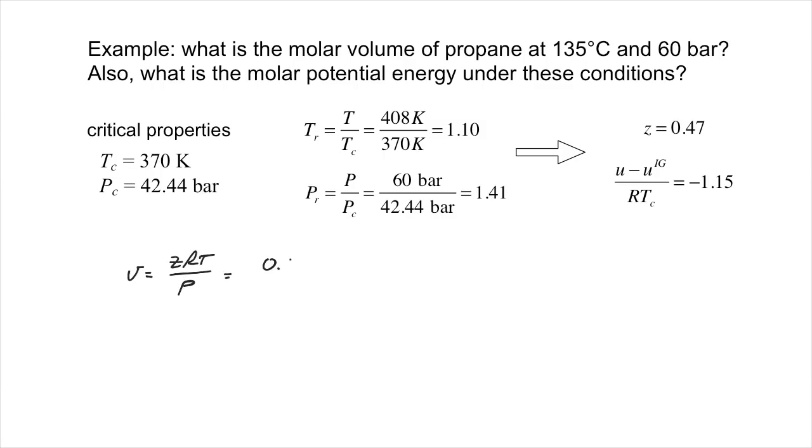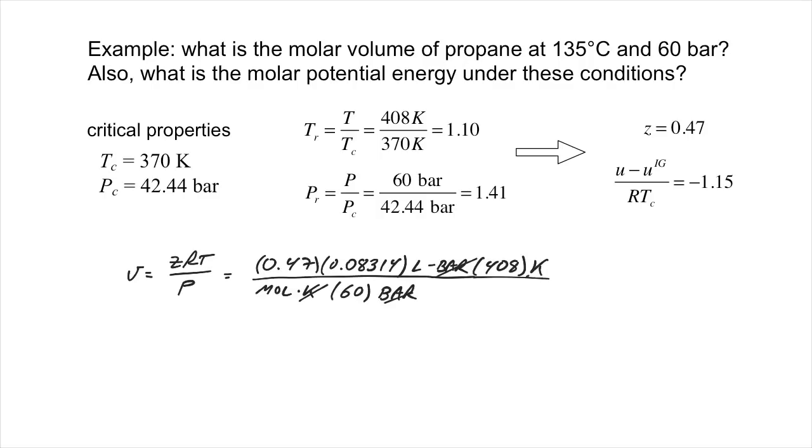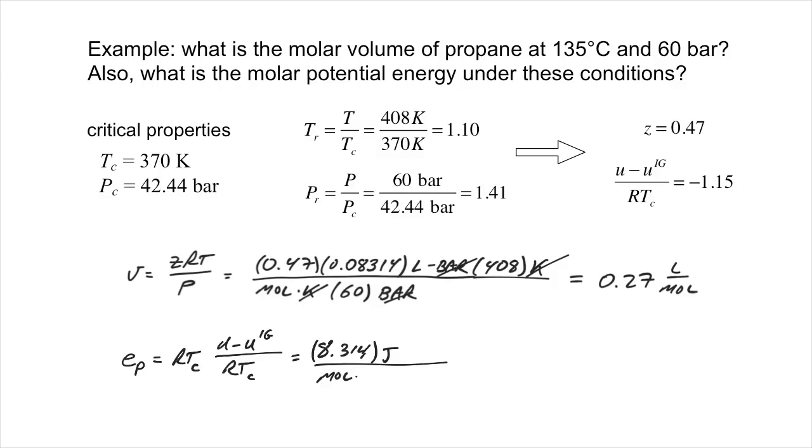Plugging these values into the definitions of Z and the departure function, we obtain a value of volume of 0.27 liters per mole and a value of potential energy of minus 3.5 kilojoules per mole. These are the same as we obtained by numerical simulation using our spreadsheet.